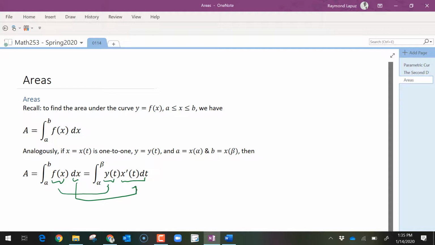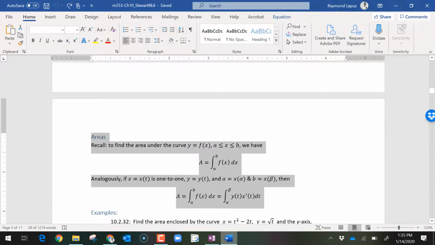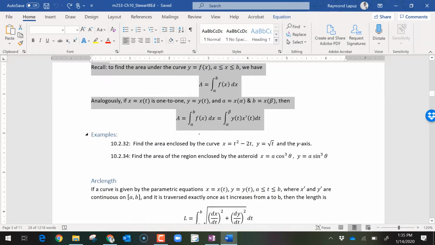Okay, so we can find areas under the curve. I don't know if the example that we had was a good example. Let's see if we can come up with another one. Oh, this is to the y-axis.